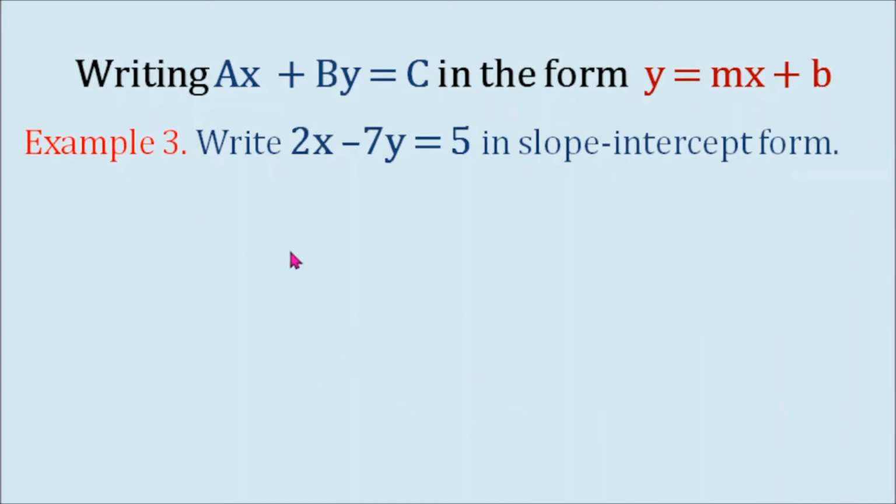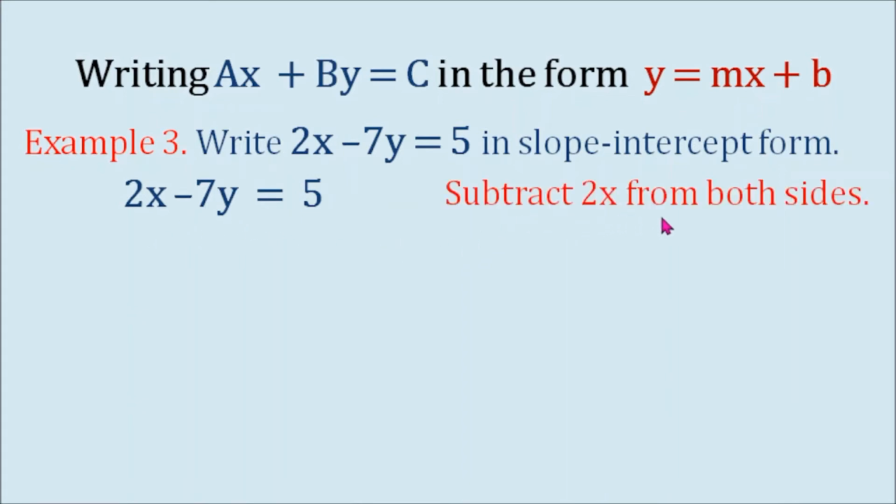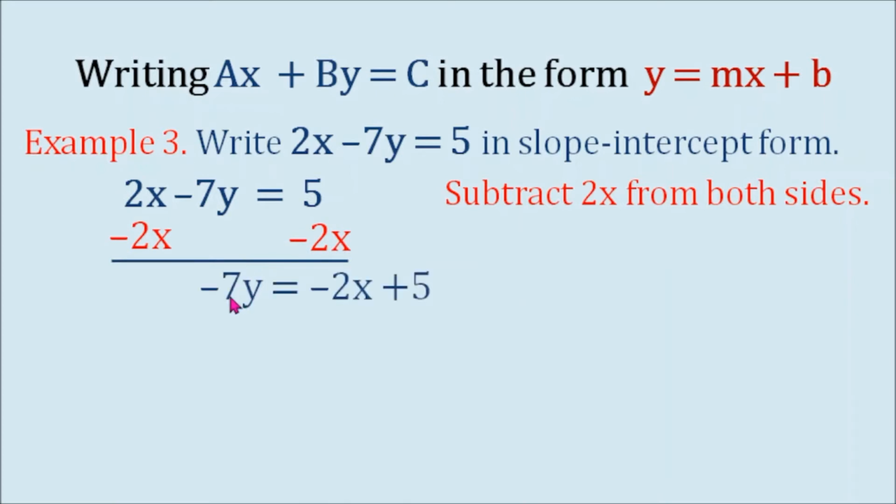Example number 3: write 2x - 7y = 5 in slope-intercept form. Again, we are going to isolate y on the left side of the equation. So the first step is subtract 2x from both sides. After this step, this is what we get: -7y = -2x + 5.